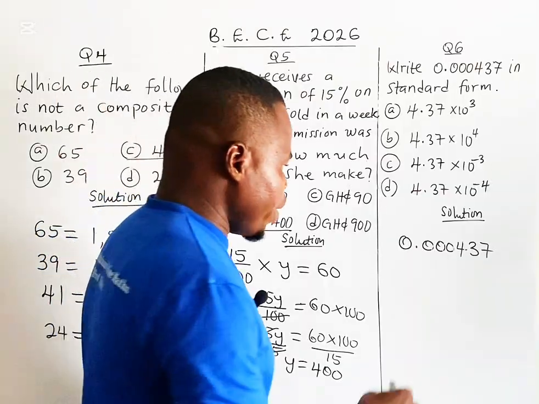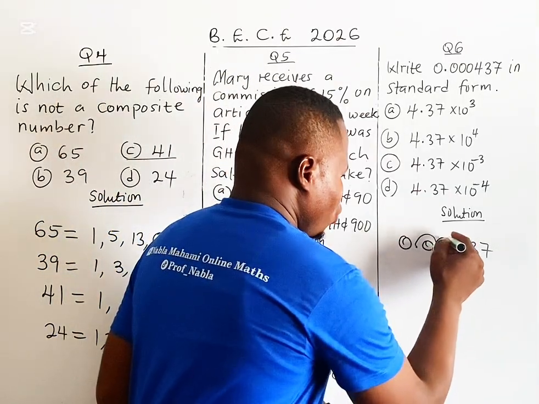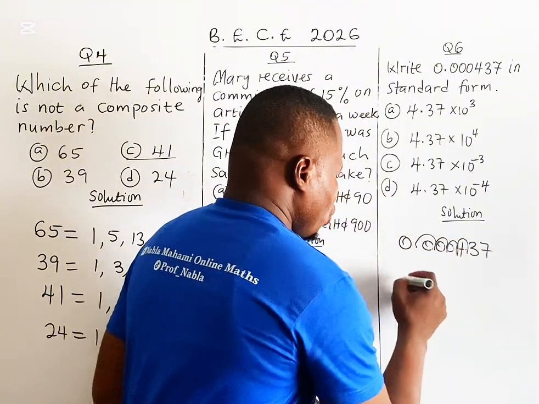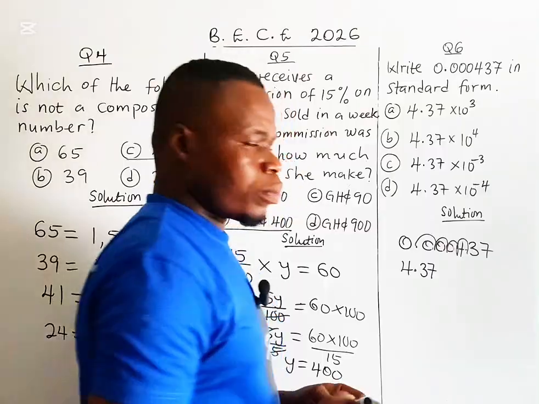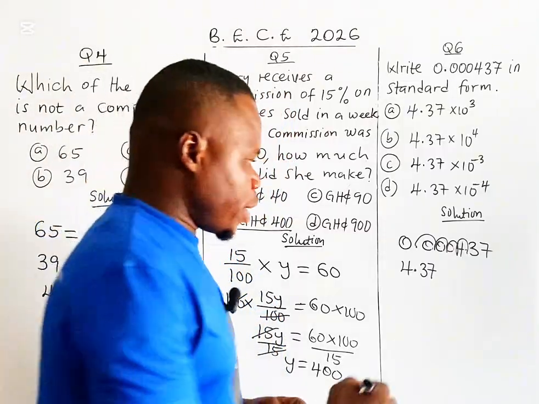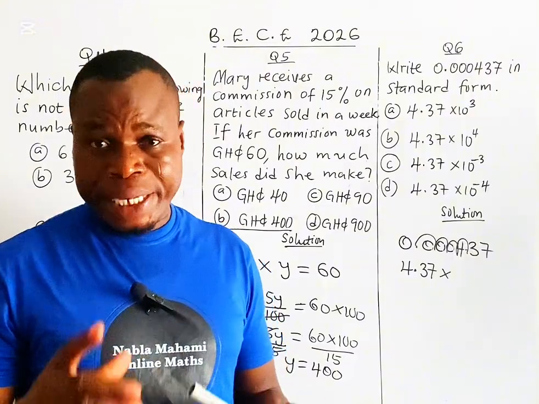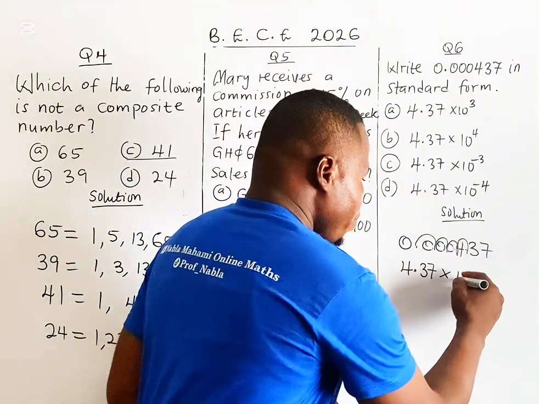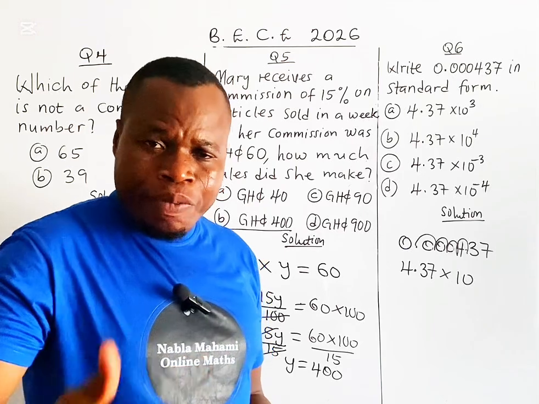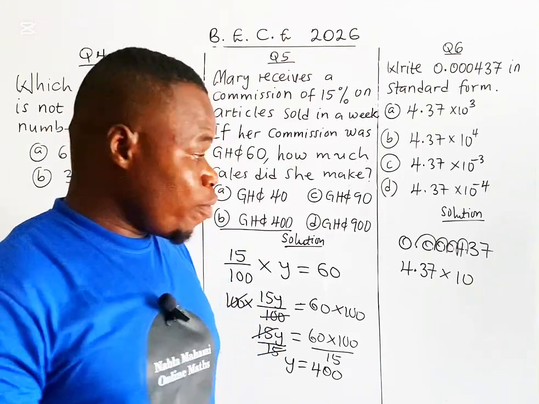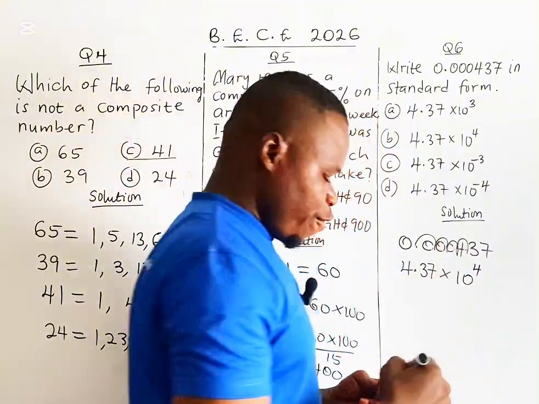So let's do the movement. 1, 2, 3, 4. So I will now have 4.37 times. Each movement here is equivalent to 10. So I will multiply this one by 10 and then raise it to the power of the number of times that I've moved the point. And I've moved the point 4 times. So this one will be to the power 4.